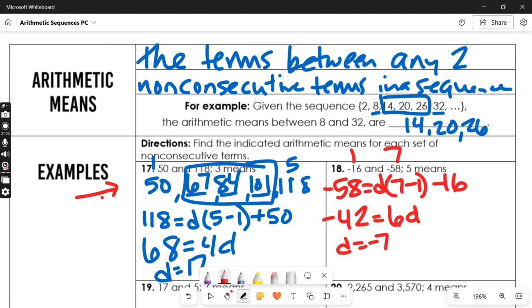Okay, so then I'm just going to find them. Starting at negative 16, I'm going to subtract 7, so negative 23, negative 30, negative 37. Remember, I have to find 5 of them. Negative 44, and then negative 51.